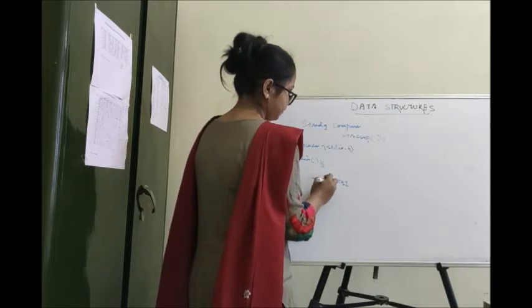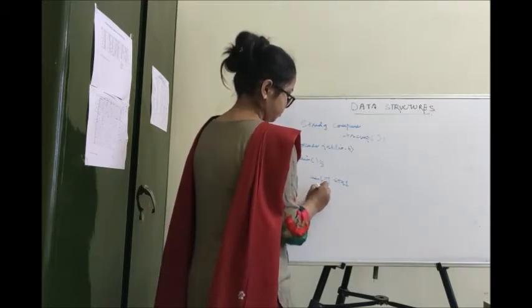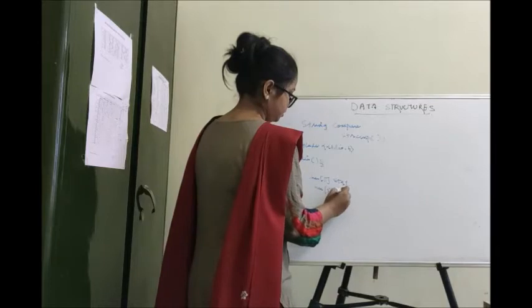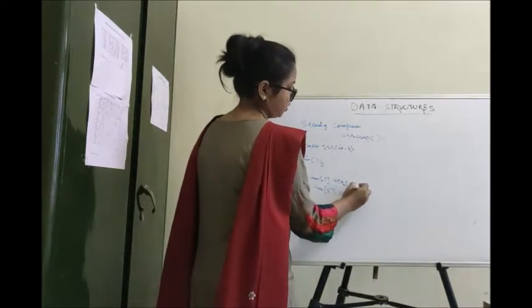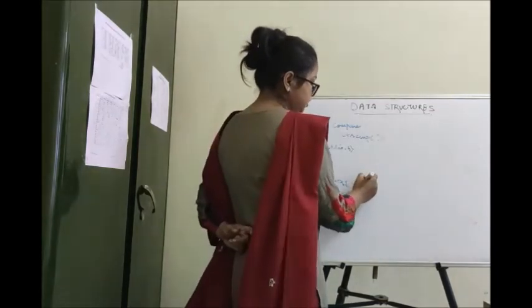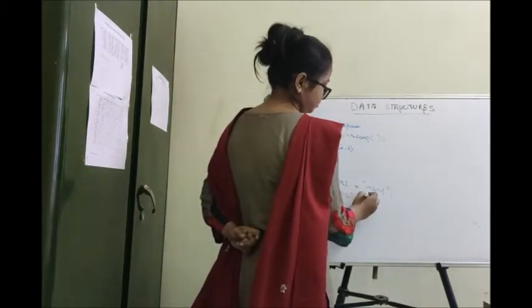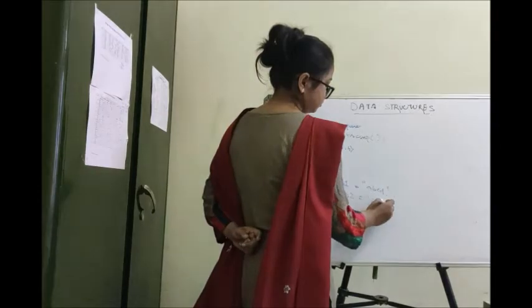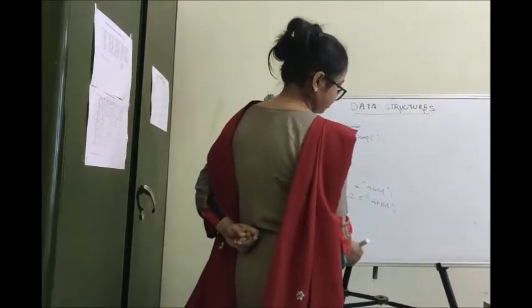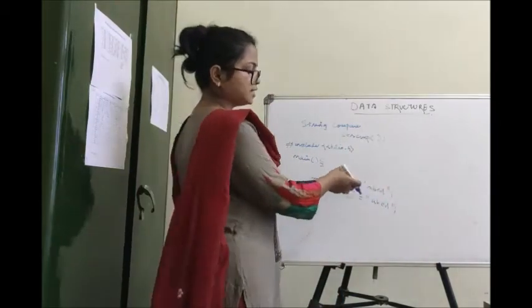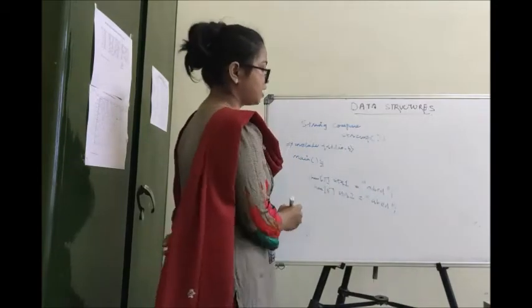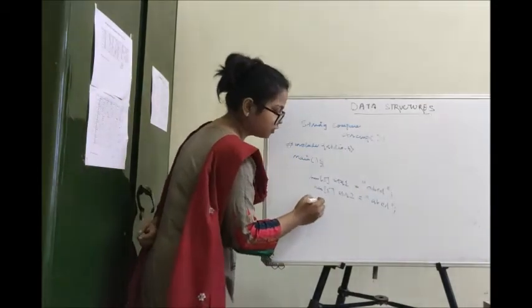Char 5, str2. Okay. Suppose I am initializing both of them as abc. Now what I can do is, as I can see these are equal, we will test with the help of string compare.